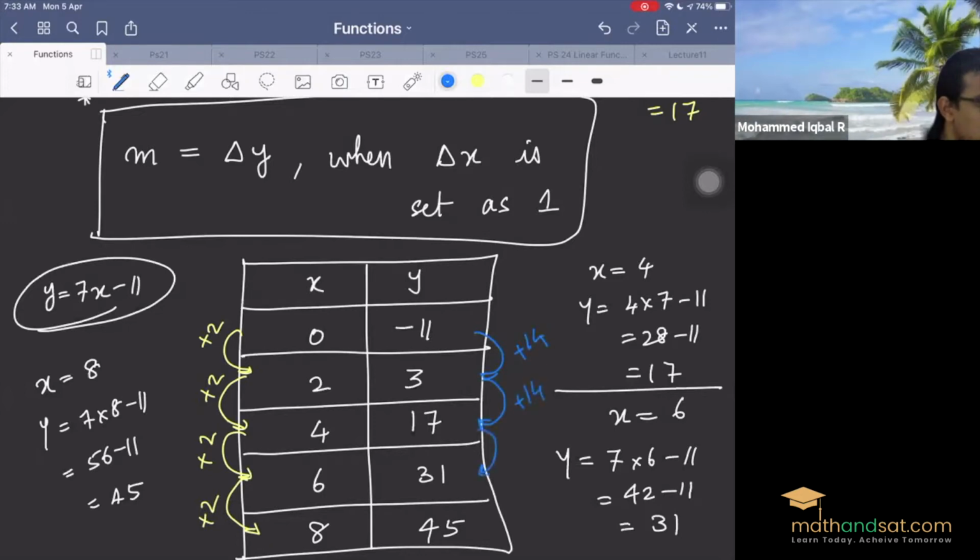Here also it's plus 14. Can you see that? When you change the input by 2 units, your output changes by 14 units. Do you see that?